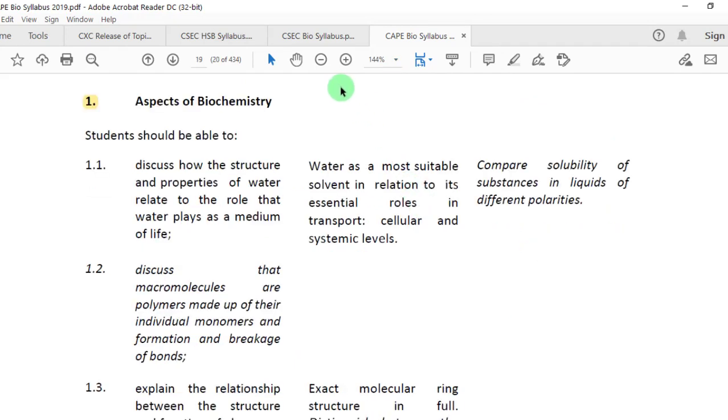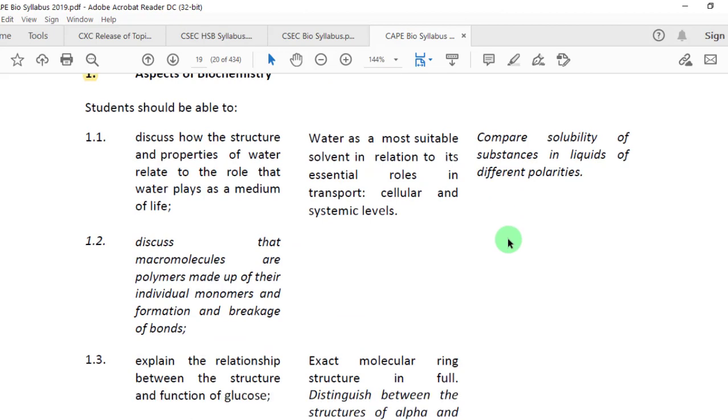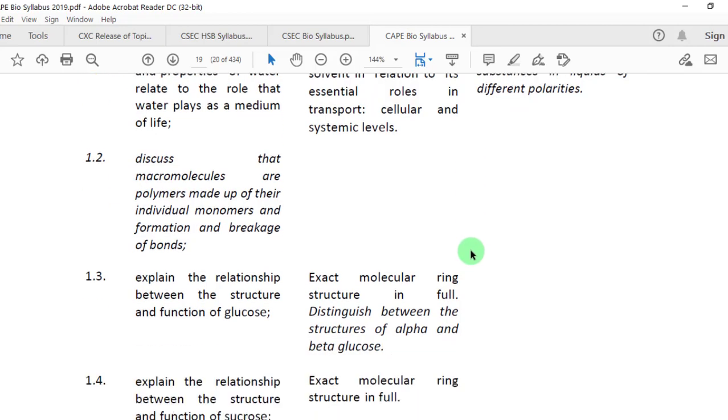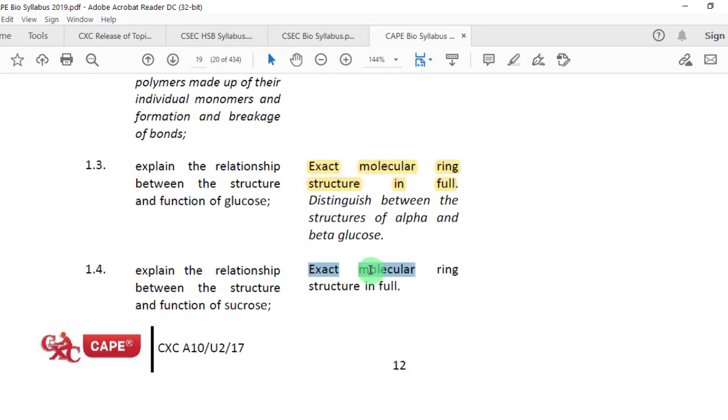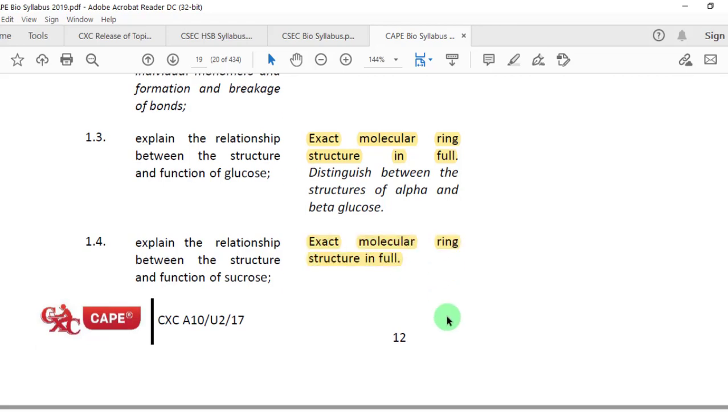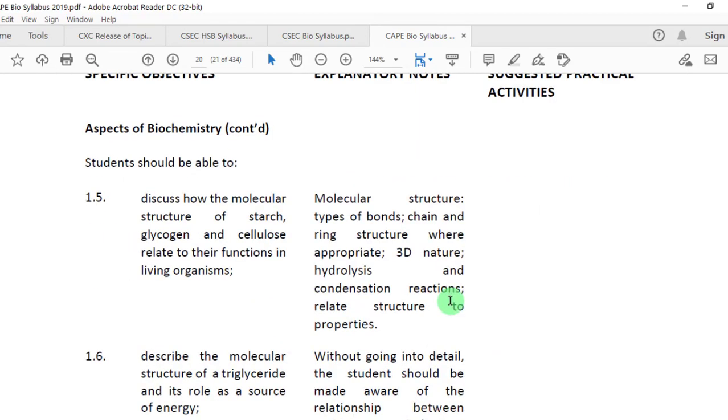Anything in objective 1, 1.1, 1.2, study it. But I'll highlight some areas to focus on in terms of the practical. So things like this, ring structure, being able to draw the ring structures, very important, right? Anything to do with being able to draw the structures, important.